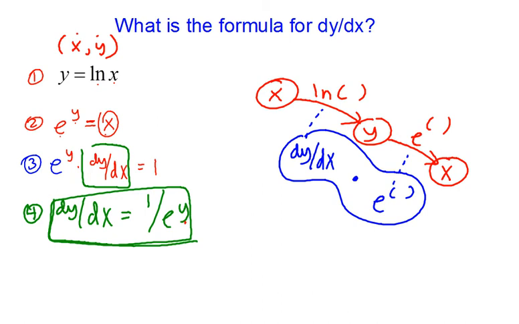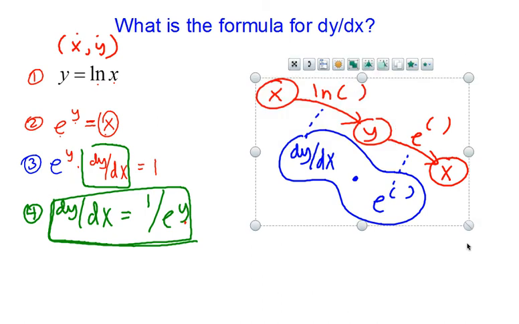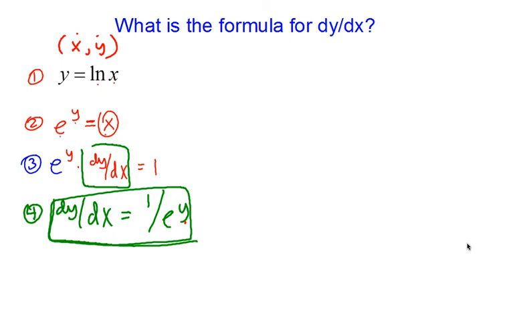As usual, though, we'll go one step further with this and try to express things in terms of the input x. In order to do that, we're going to use this relation right here, which lets us change information about x into information about y and vice versa. And so we see that e to the y is just x.